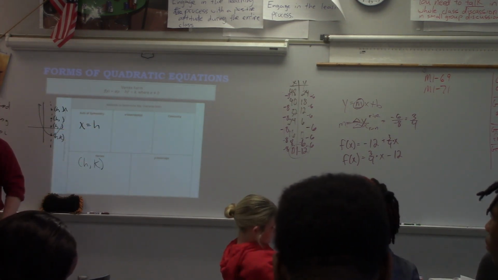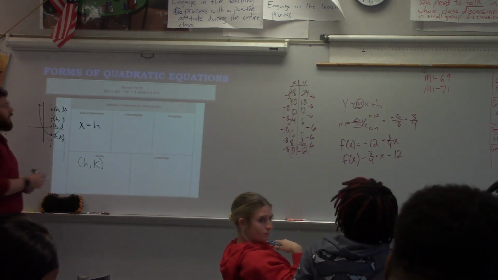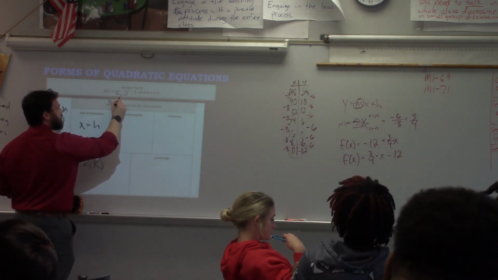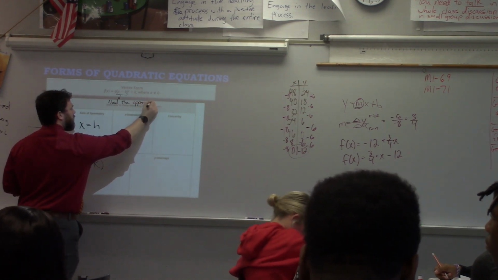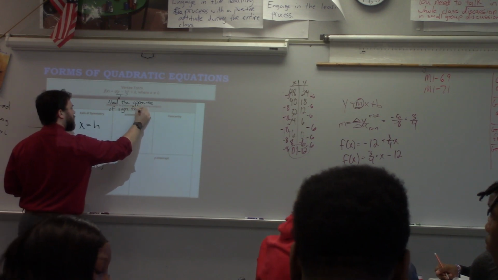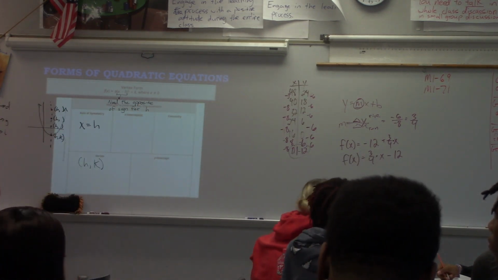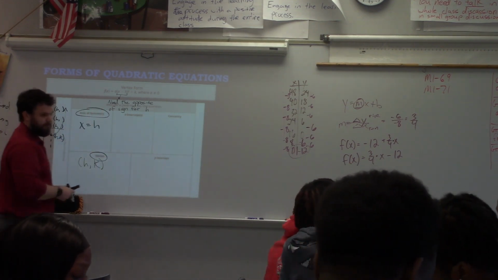The h is alright. It's x minus the h, so I need the opposite. Remember, I have that x minus. I need the opposite. So remember, these are the easy features to identify.